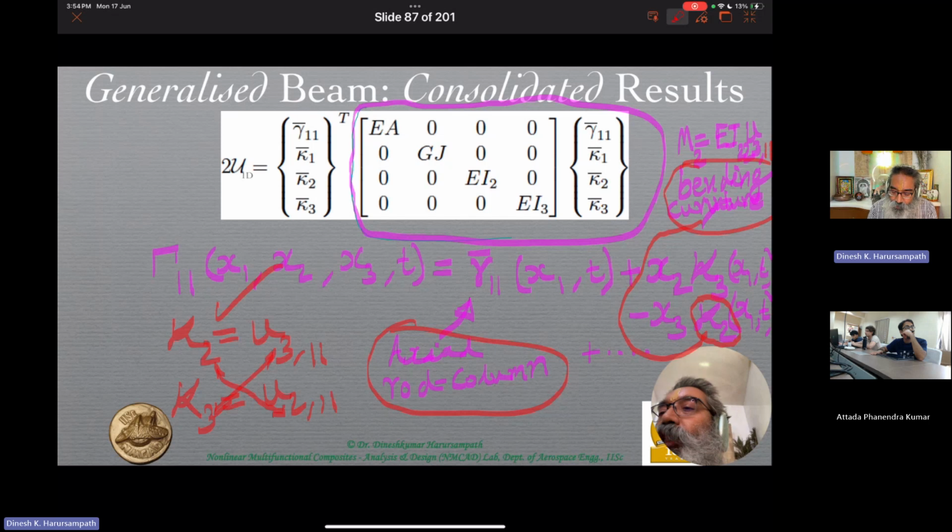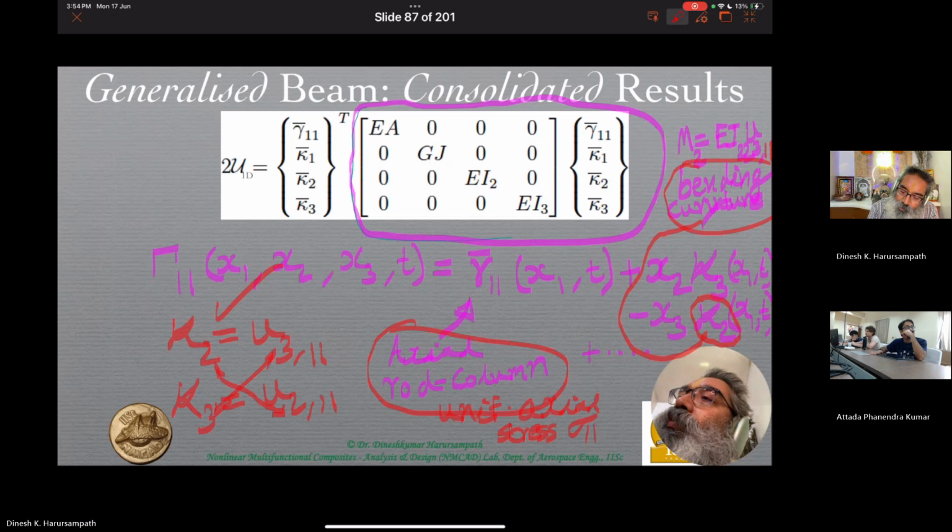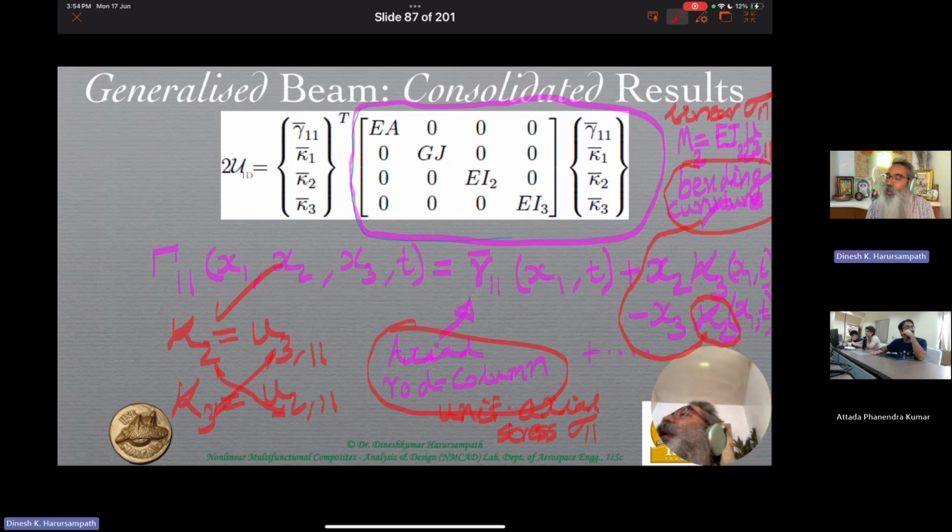In one case, of course, it was uniform axial stress. In this case, we had linear sigma 11, right? Linear axial stress. But they kind of get added up, which is what we have shown over here.